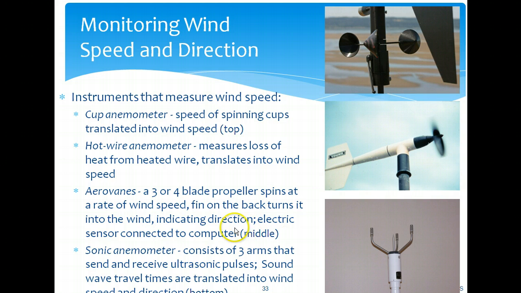Aerovanes, which are propeller-like components that indicate the direction and the vector quantity of acceleration. And sonic anemometers, which are arms that send and receive pulses, high-tech kinds of instruments which are able to evaluate various changes in wind speed.